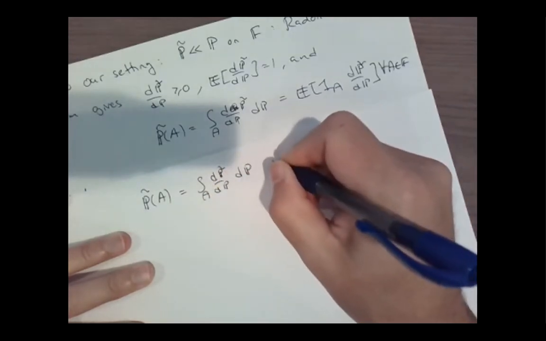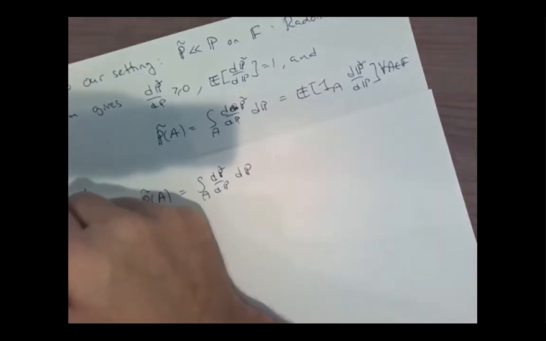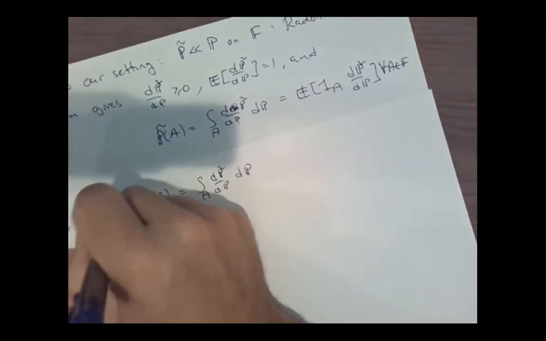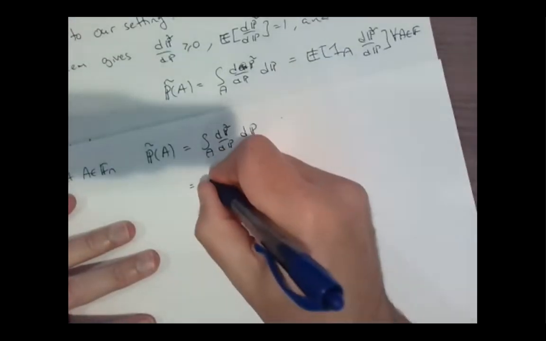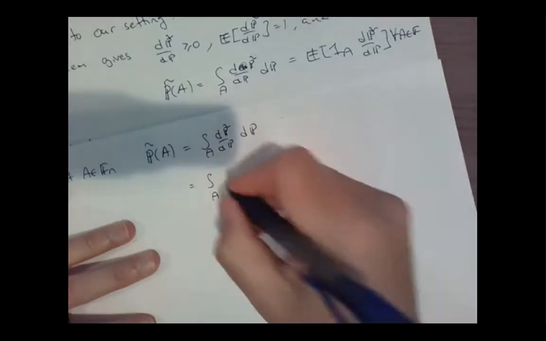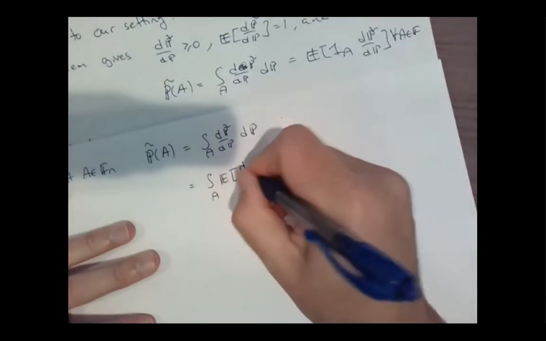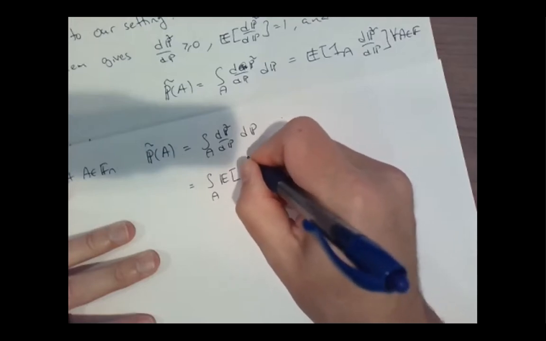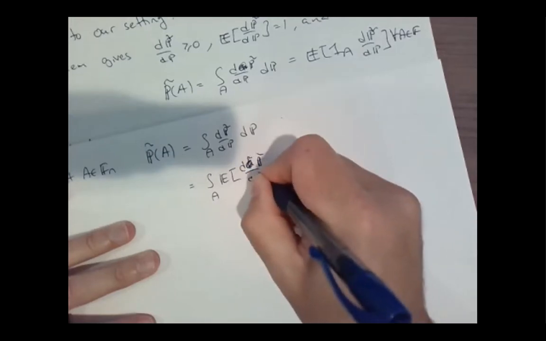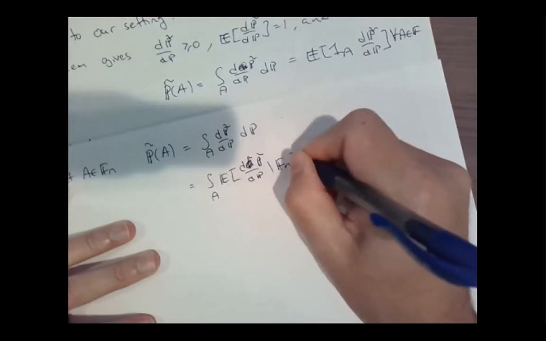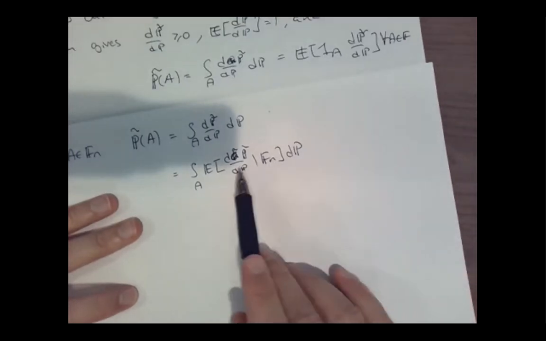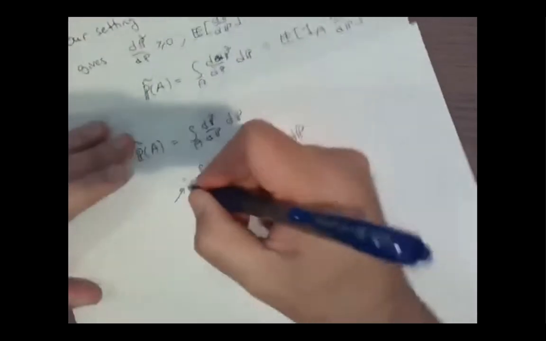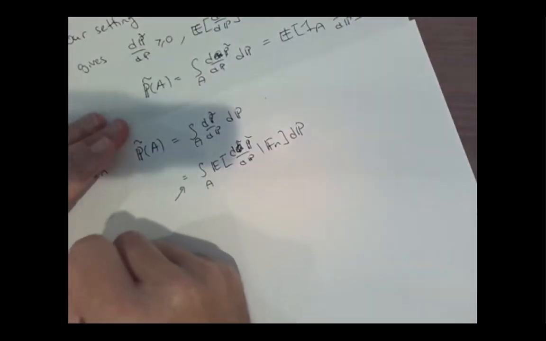But now I'm going to restrict my attention to A in Fn. I know by definition of the conditional expectation that this will be the same as integrating the conditional expectation over that set. The conditional expectation has two properties.